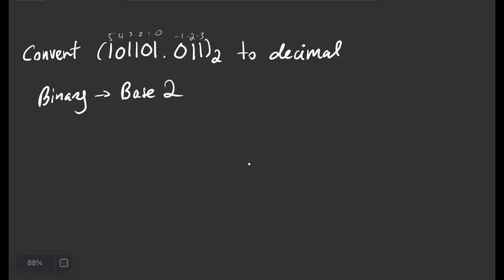So it'll be 0 times 2 to the -1, plus 1 times 2 to the -2, plus 1 times 2 to the -3.